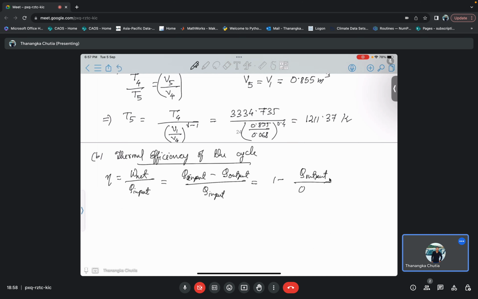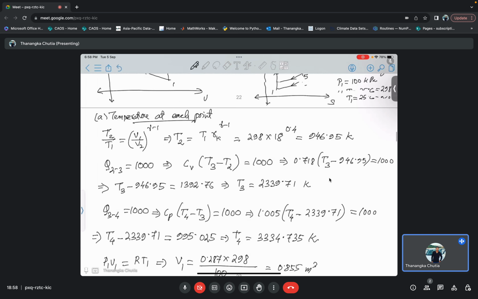Okay, so Q input is already given to us, yes or no? 1000 and 1000, so that is equal to 2000. 1 minus Q output over 2000. Q output is nothing but CV times T5 minus T1, yes or no?